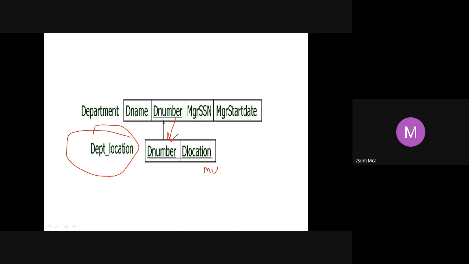That is how you should convert a multi-valued attribute. Don't include it along with the table that you create for that particular entity. For player, you have created a table, but in that player, you cannot include phone number as a column.